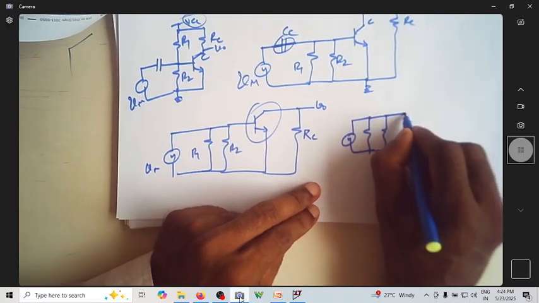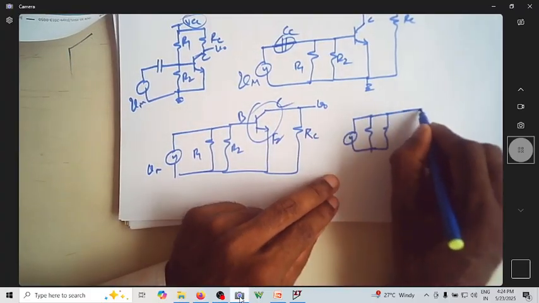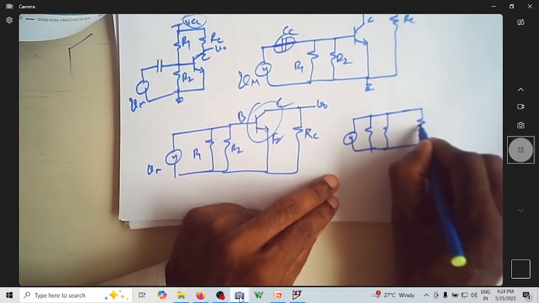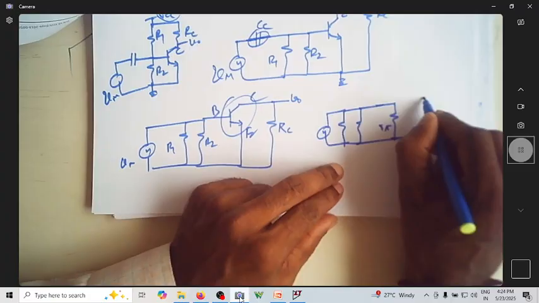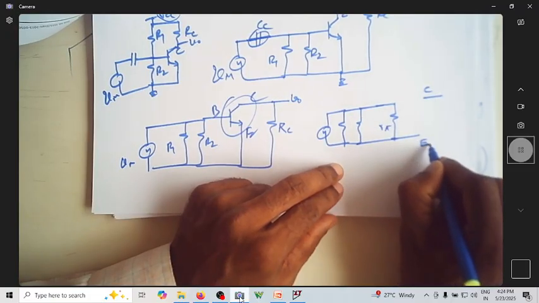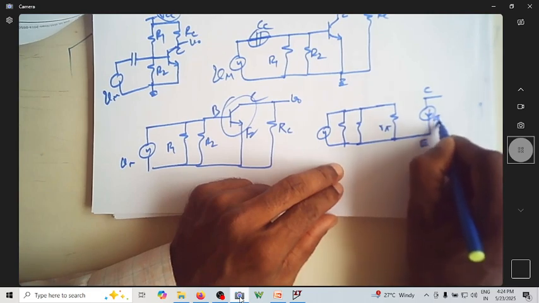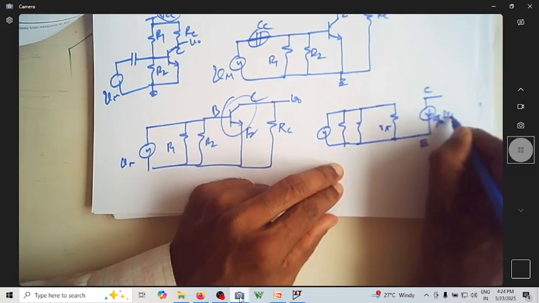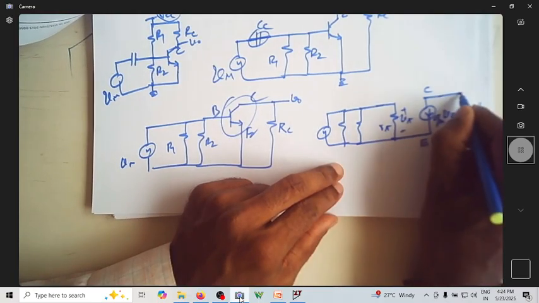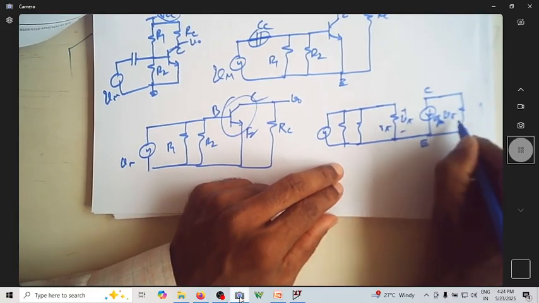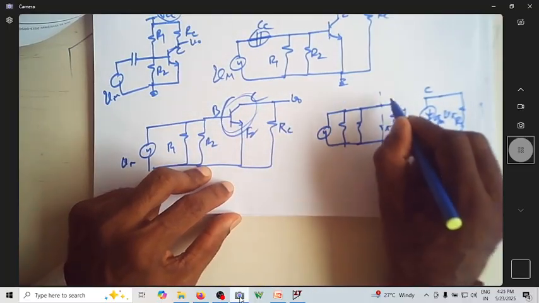The transistor is now replaced by base, emitter, collector. Between base and emitter you have a resistor R pi. Between collector and emitter you have a current source which is Gm times V pi. That V pi is actually this voltage, and this is your RC.